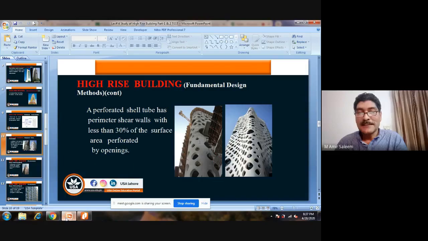Now we discuss the perforated shell tube, which has perimeter shear walls with less than 30% of the surface area perforated by openings. So it's very clear, students, we are going back to the last lecture, the shear walls.